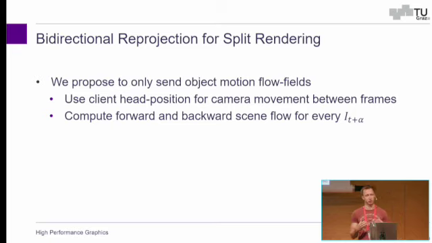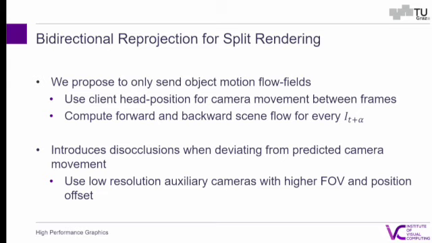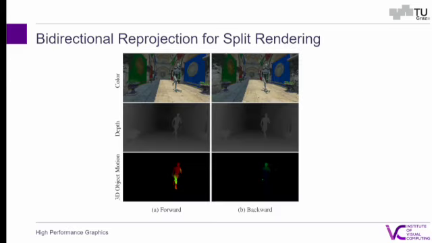This means that we need to recompute the forward and the backward scene flow for every intermediate frame, and of course deviating from the predicted head movement from the server does lead to new disocclusions and therefore holes in the image. That is why we propose to also use additional auxiliary cameras on the server with a higher field of view and a slight positional offset, which then fill these holes.